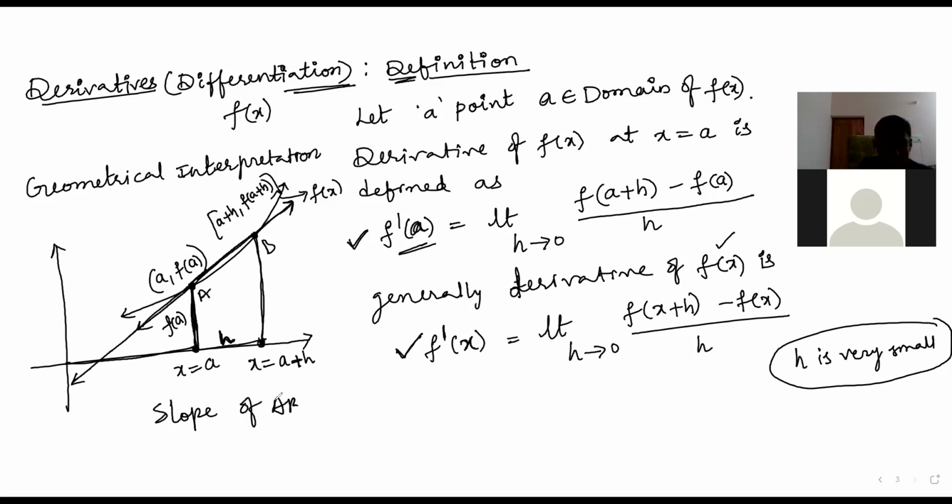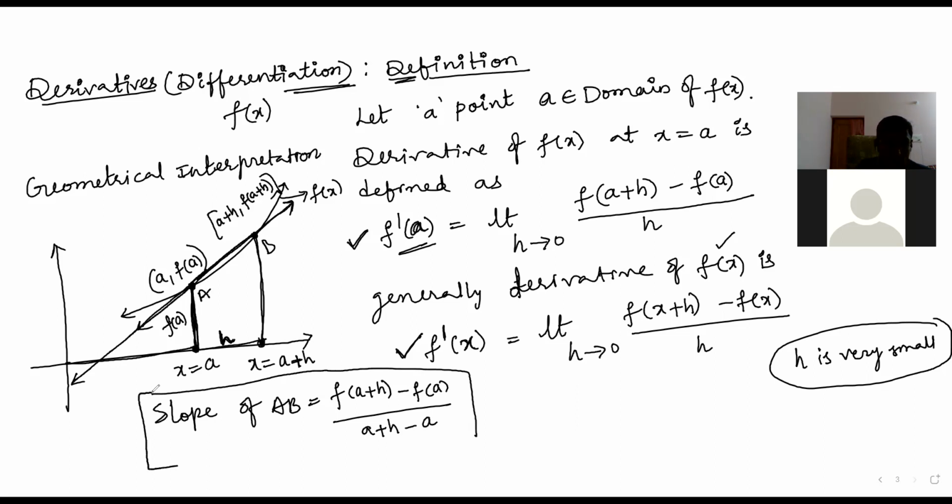What is the slope of AB? Slope m equals y2 minus y1 by x2 minus x1, which is f of a plus h minus f of a by a plus h minus a. The a gets cancelled. This is the slope of AB, right?